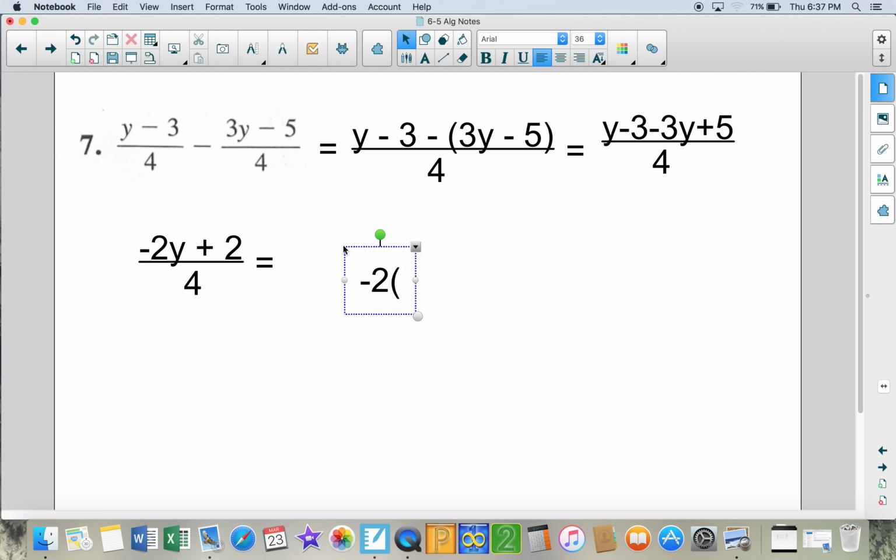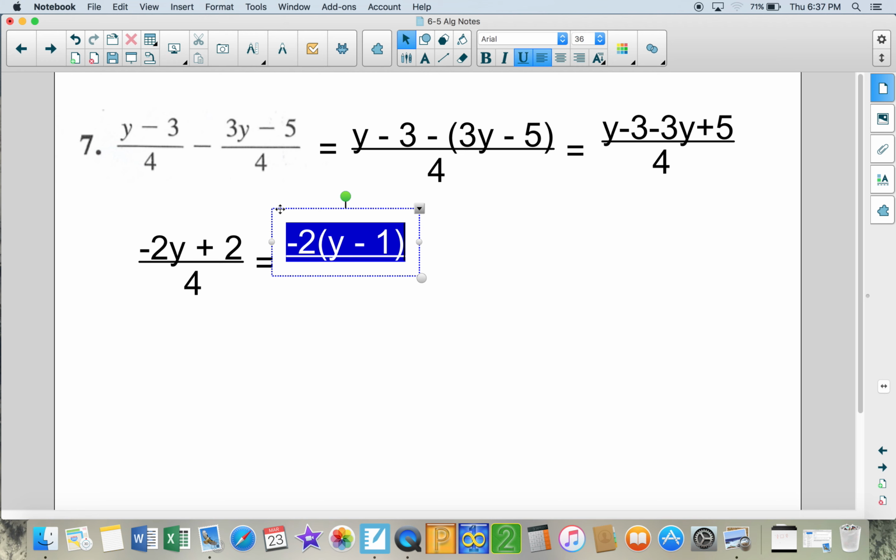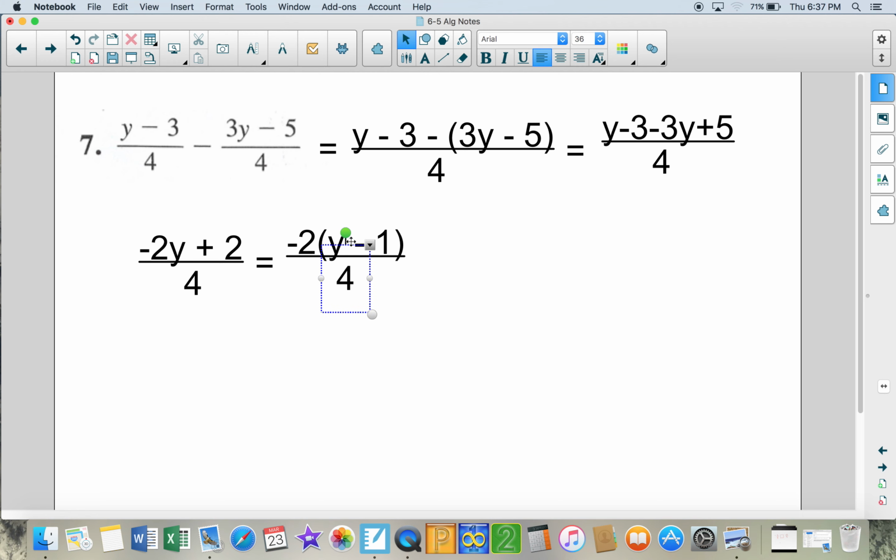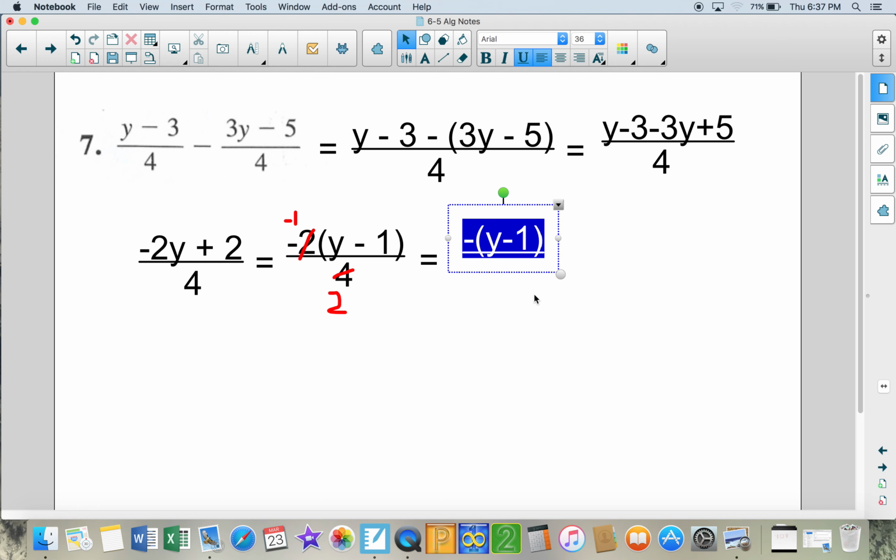So I'm going to factor out a negative 2, and that's going to leave me with y minus 1 all over 4. We like that. We've been able to factor a common term out, and now we can cross cancel. This negative 2 becomes negative 1, and this 4 becomes a 2. So my answer is the opposite, that represents the negative, times the quantity y minus 1 all over 2.